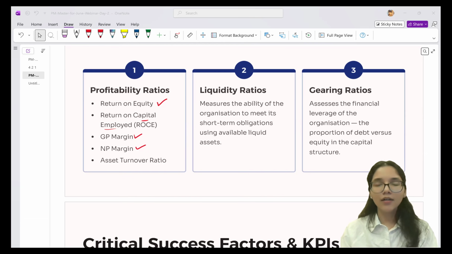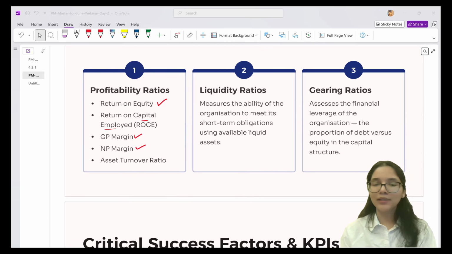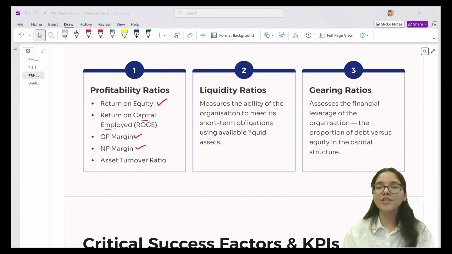So in the short term, whatever liabilities the company has to pay, do they have enough money to pay for those liabilities or not? Now, within this, we've studied 2 ratios: the current ratio and the quick ratio. What about the current ratio? What is the ideal ratio that we have? Ideally, what should be the current ratio for a company?